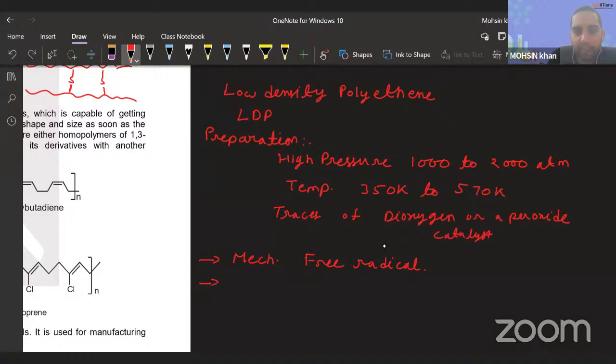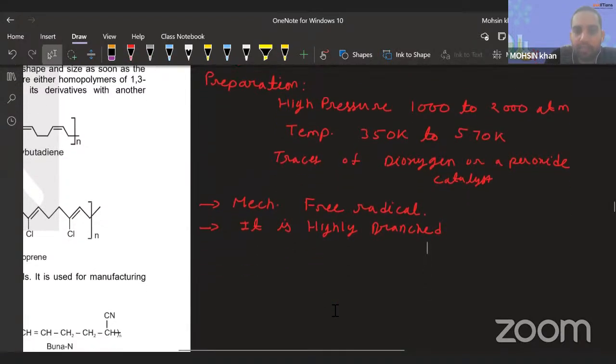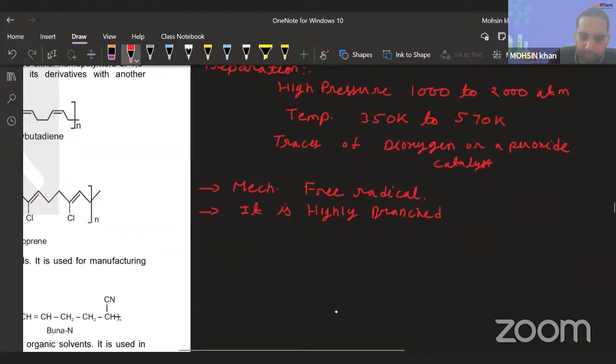It is highly branched. What we got here, it is highly branched, this type of polyethylene. So basically what we will have are straight chains like this and branching in these.